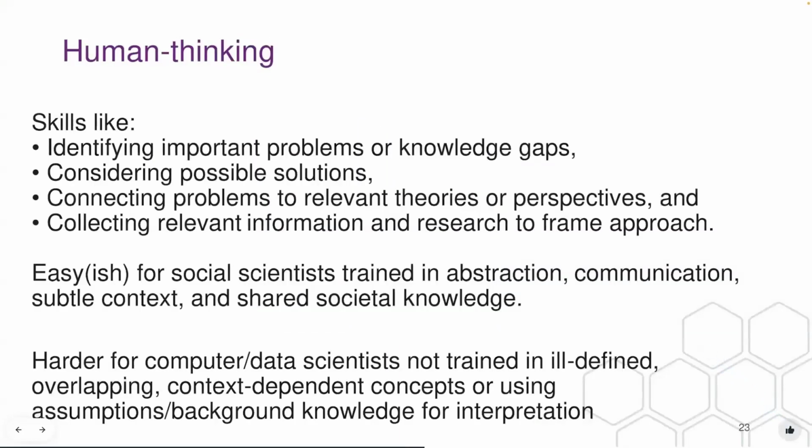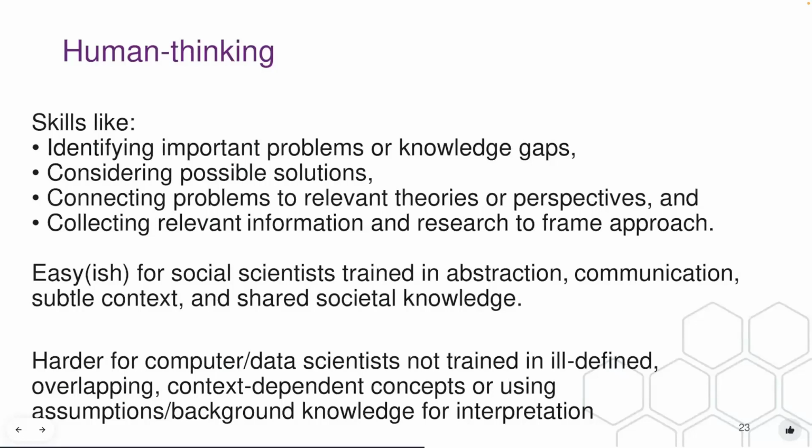And you're going to need those skills that we briefly touched on before. So those are skills like being able to identify important problems or knowledge gaps, considering possible solutions, connecting problems to relevant theories or perspectives, and being able to collect relevant information and research to frame your approach. And these are all things that social scientists excel at.